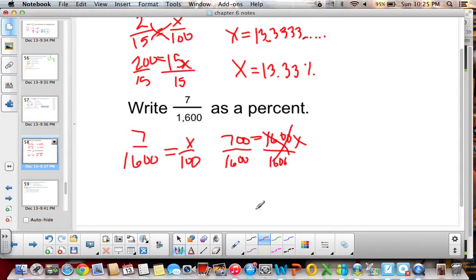That cancels each other out. So I always like to have my x over on the left side. So then x equals 700 divided by 1,600. So if you do that and you figured it out, it would be 0.4375, which equals, if we round up, approximately 44%.